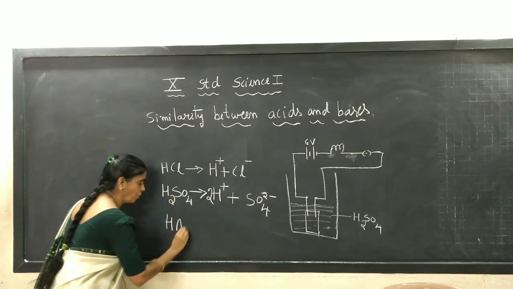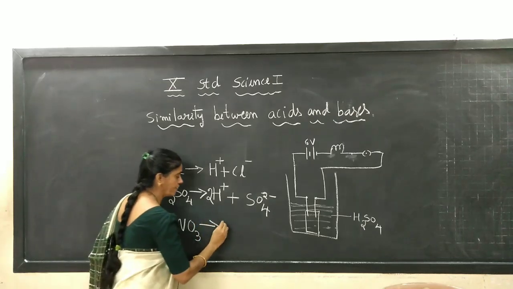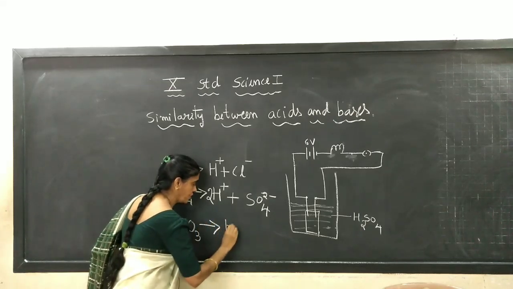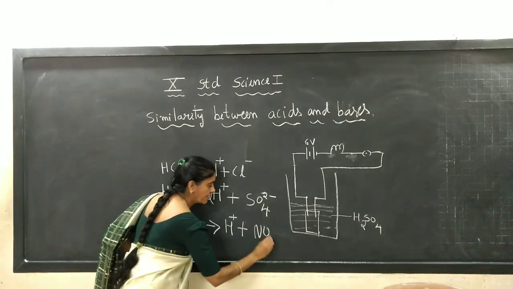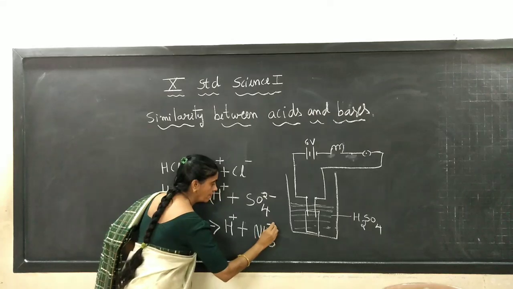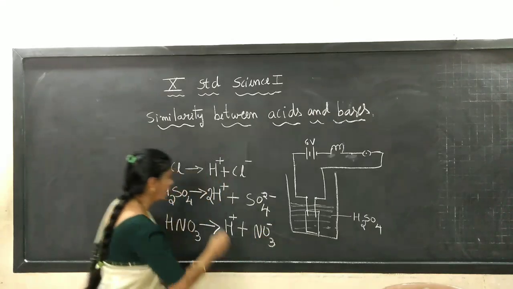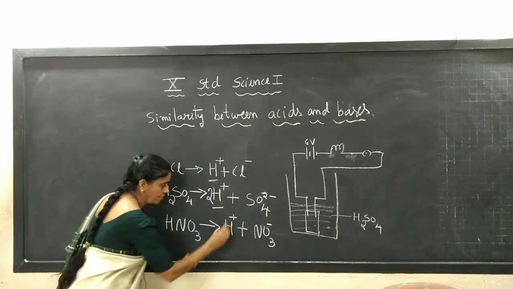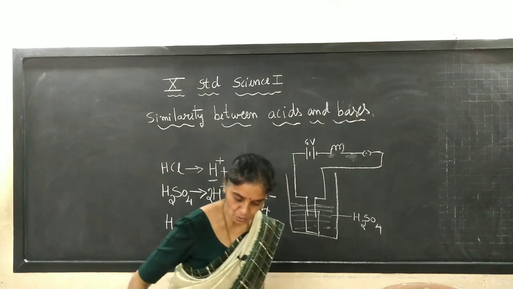Nitric acid, one more acid, dissociates in water into H plus ion and nitrate ion. And these hydrogen ions conduct electricity in the aqueous solution.